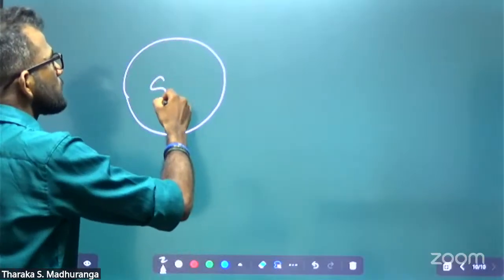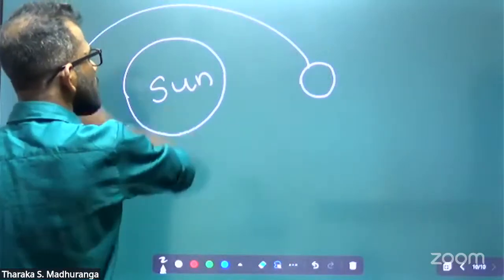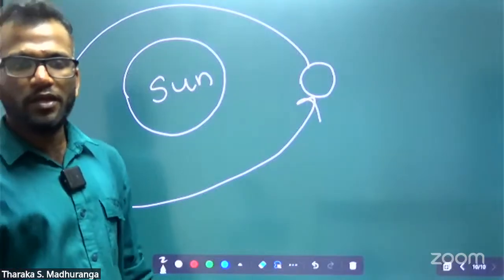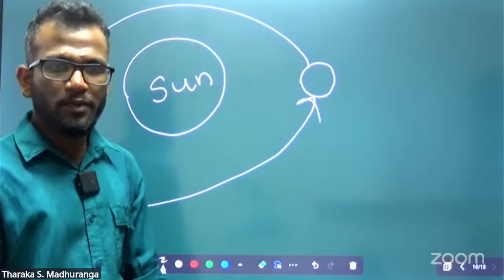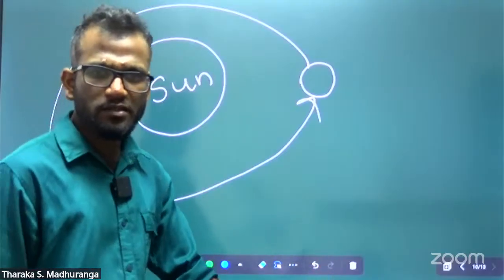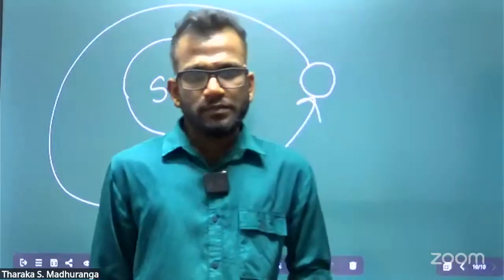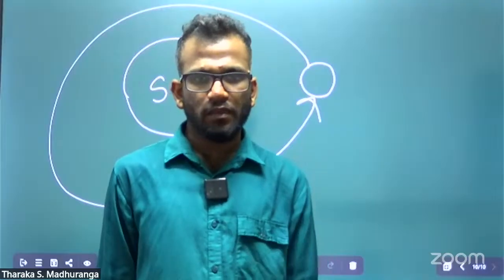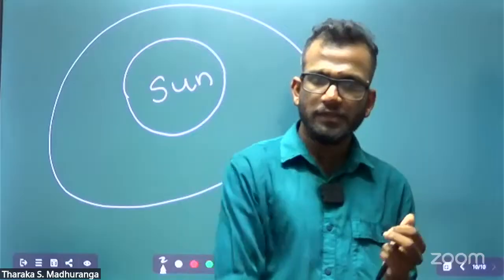This is the sun, this is the earth. How much time does it take to rotate around the sun? Approximate.